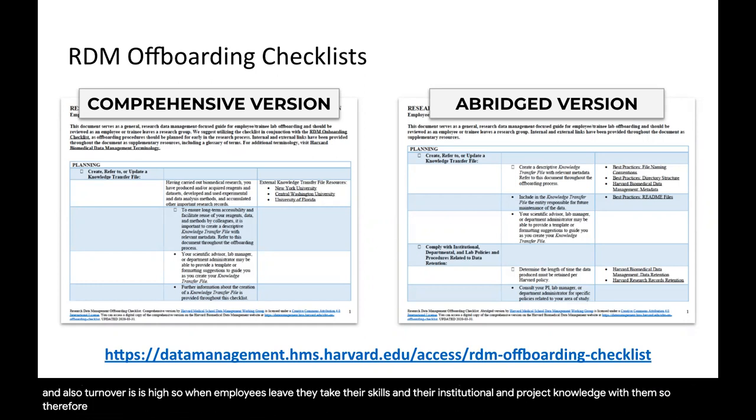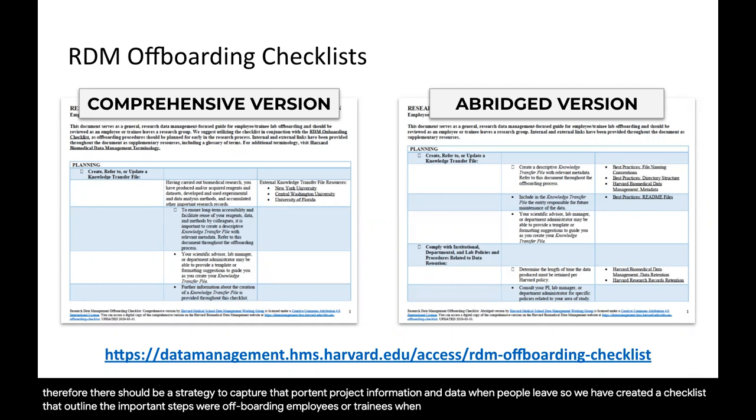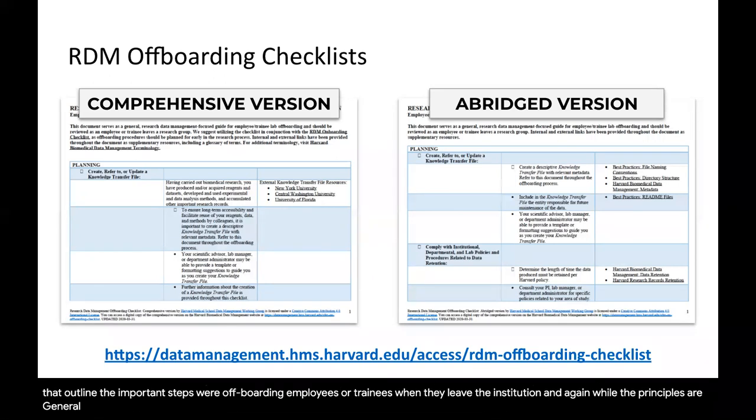So therefore, there should be a strategy to capture that important project information and data when people leave. So we have created checklists that outline the important steps for offboarding employees or trainees when they leave the institution. And again, while the principles are general, we have focused on Harvard policies and Harvard resources.